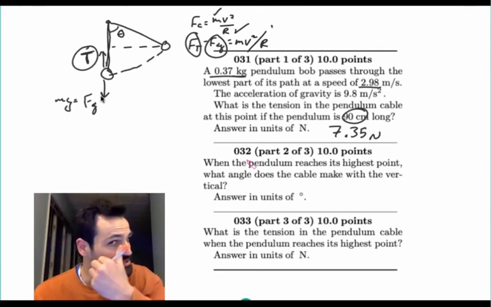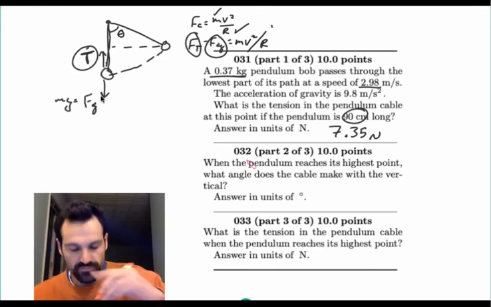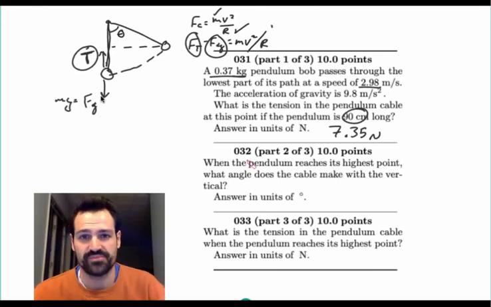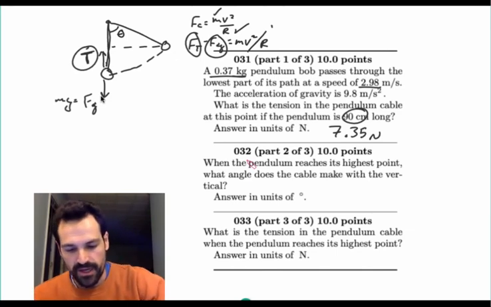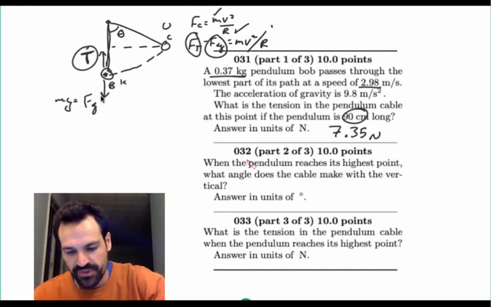And I'm going to basically tell you my thought process before I get into the bulk of this problem. And it is going to be a slightly bulky problem. Down at position B, we know it has kinetic energy, and at position C, we know it has gravitational potential energy. And that potential energy is equal to mgh.